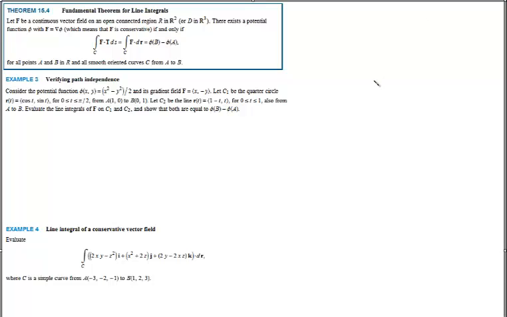In this next example, I am going to have to find these line integrals, just like we were doing in the previous section. So I'm going to do this for C1 and also for C2.